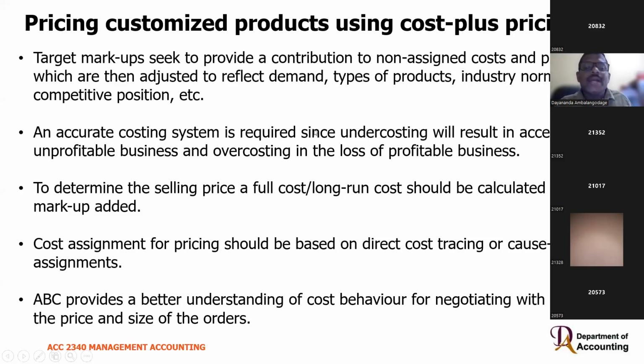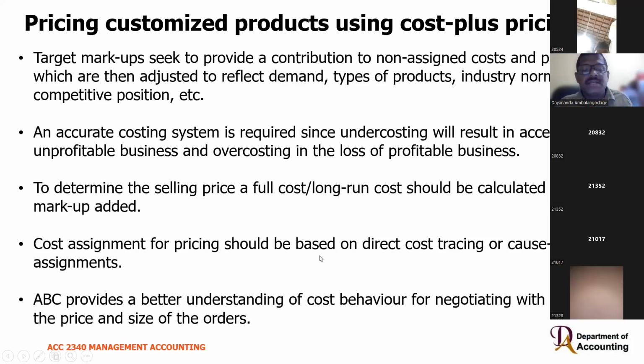As I told you, you need an accurate costing system to determine the selling price. Full cost should be calculated and markup should be added. That is very clear. Cost assignment, allocating indirect cost to the product, should be based on cause and effect. Direct cost tracing is very simple, but allocation has to be cause and effect assignment.